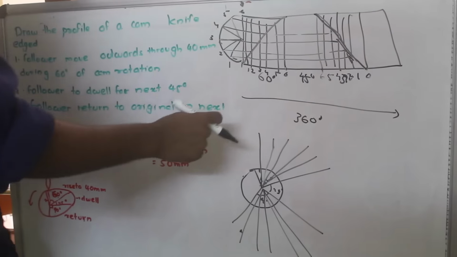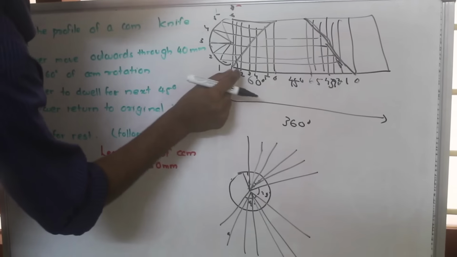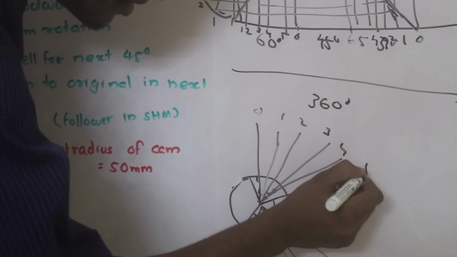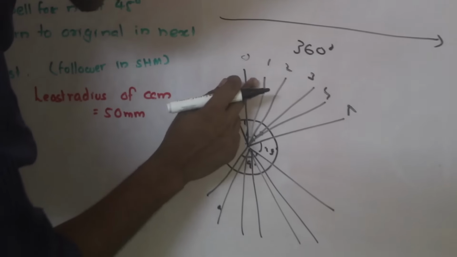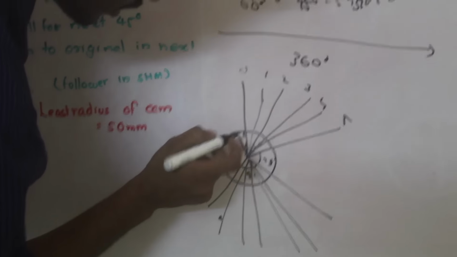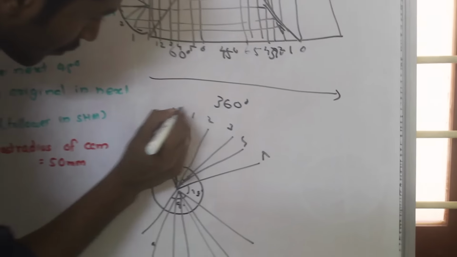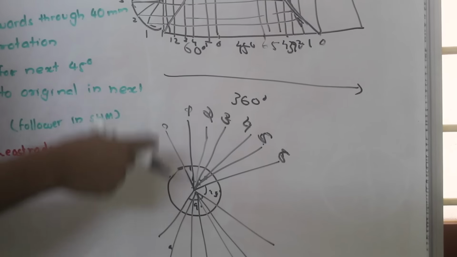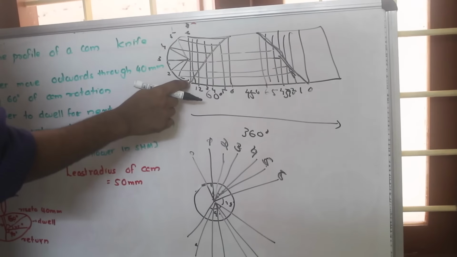So from the figure, in the first division, here also we have named 0, 1, 2, 3, 4, 5, 6. During 0, the cam will be at 0 position.